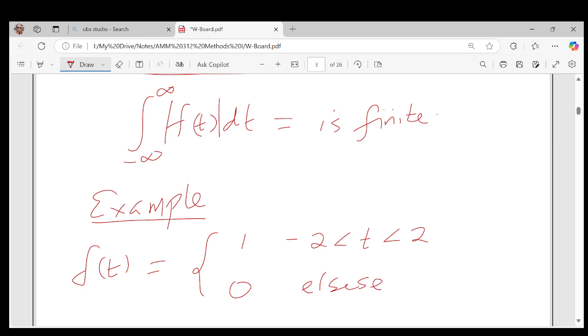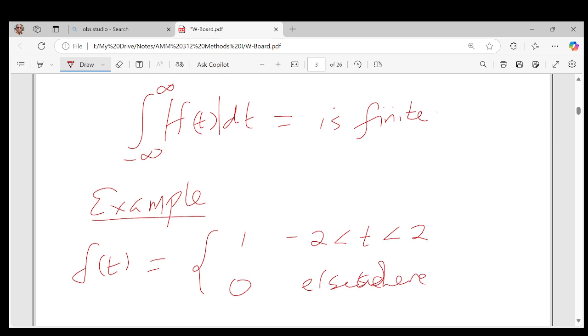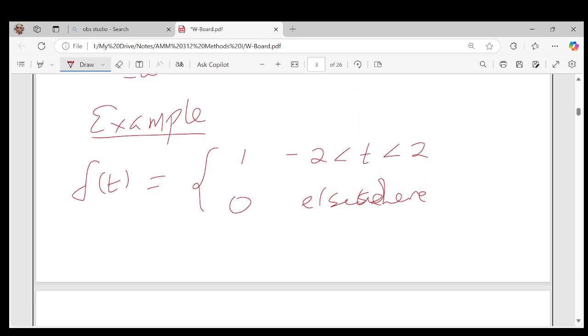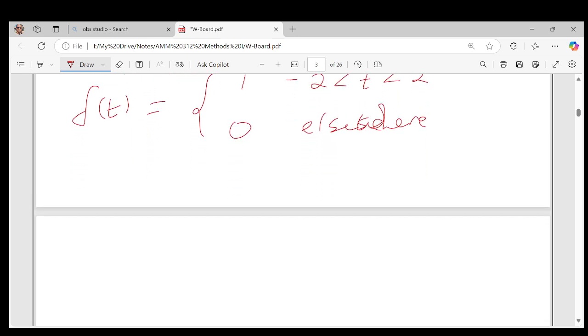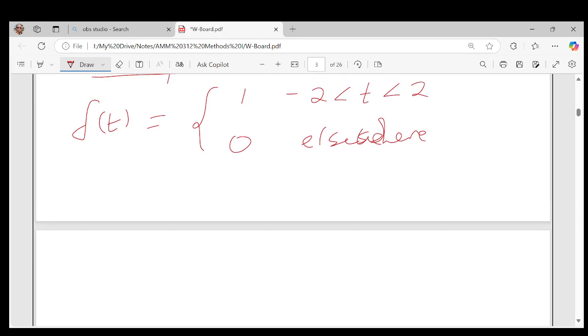And we want to find the Fourier transform of this function. Notice that this function is a constant function between -2 and 2. It has a value 1, and at all the other points, the function has the value 0.